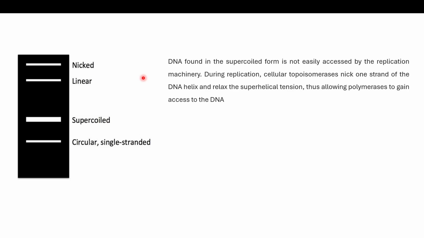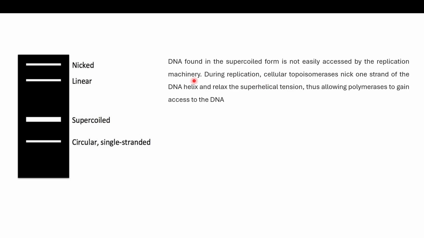All right, so why these different forms? Why do we have cellular topoisomerases in this particular context? Because we are isolating plasmids from cells that have been cultured, and then pelleted down. Those cells have their metabolic activities actively going on, so some plasmids might be at a phase where replication was about to begin.